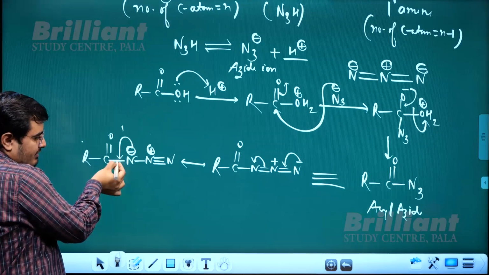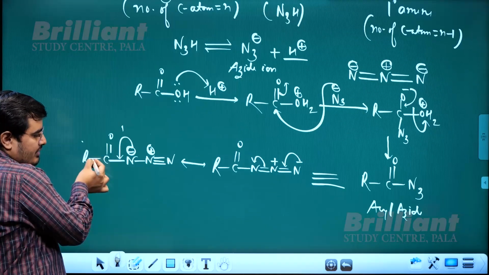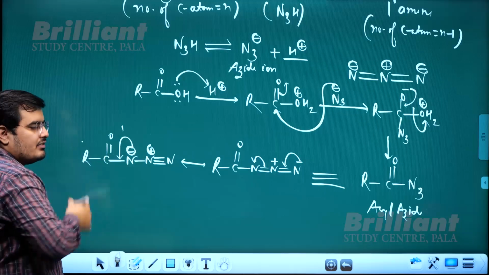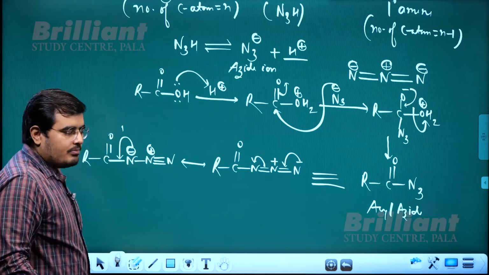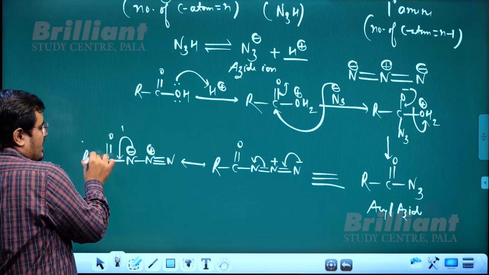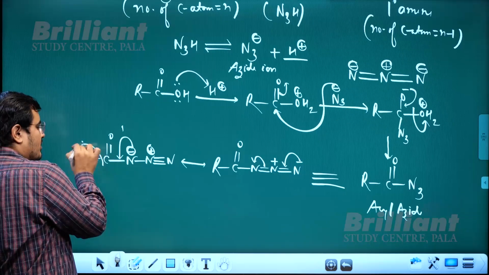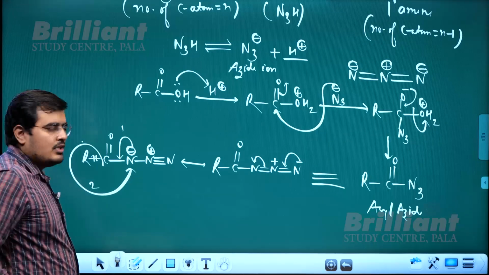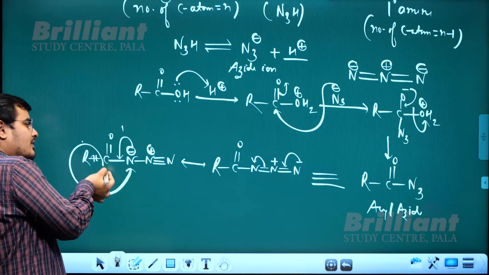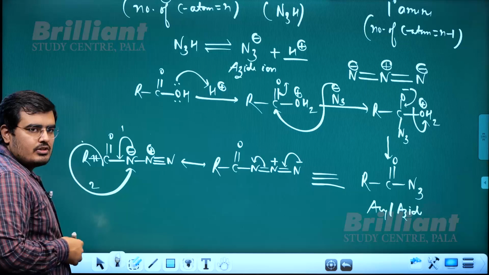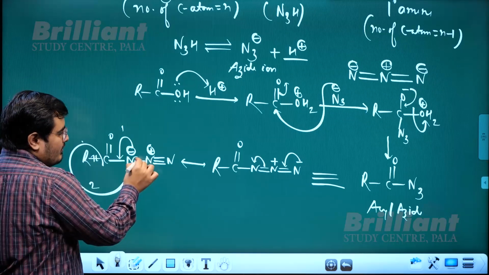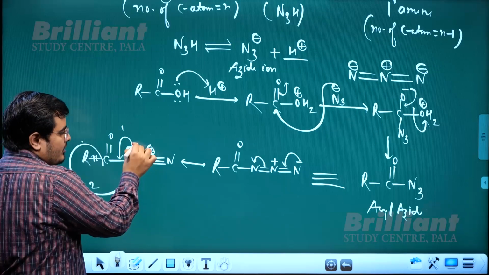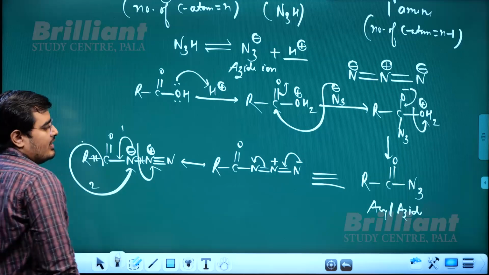When this bond shifts here, carbon will have 1, 2, 3, 4 bonds already, and when you make the 5th bond, carbon we know cannot make 5 bonds. So this alkyl group, taking both its electrons, will move to nitrogen. Let's write it as 2. That is, when this comes here, this bond breaks and moves to nitrogen. And when this bond moves to nitrogen, the N2 attached to N will leave.